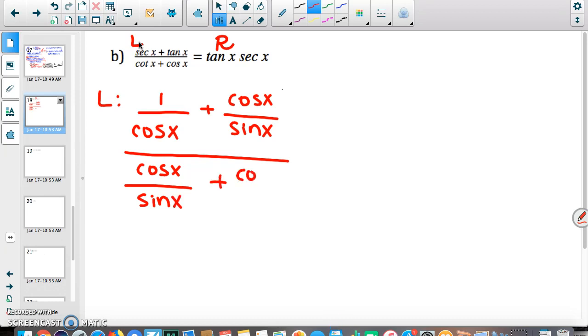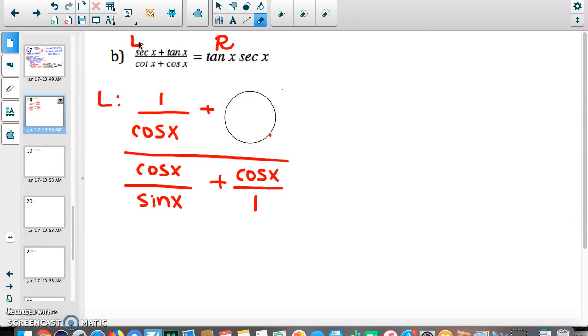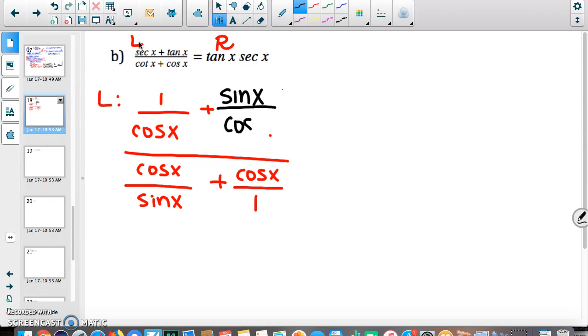And we end up getting fractions over fractions. So my next step is going to be to correct that the tangent is not cosine over sine, it's sine over cosine. Forgive me. Okay, so that's our first step, is to fix that.